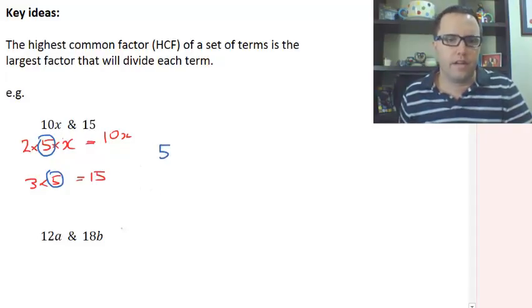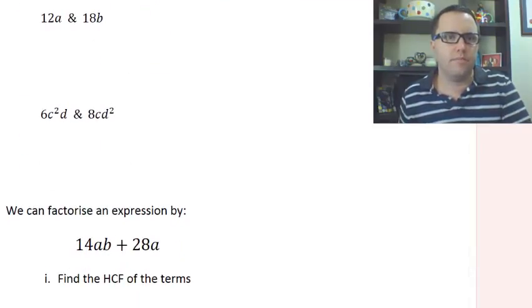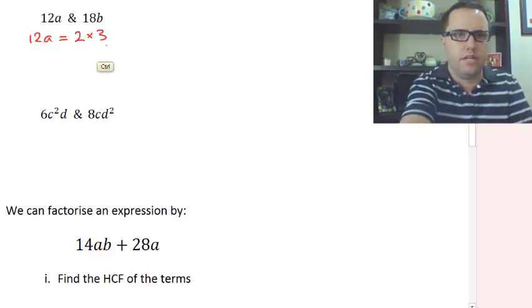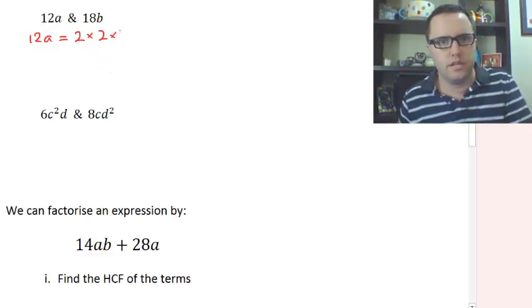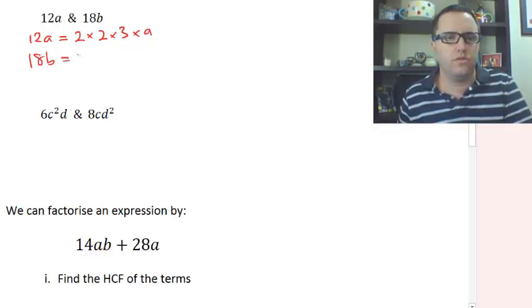Okay, right, let's go down a little bit. This one might be a little bit more advanced. So 12a, let's write the prime decomposition for that. That will be 2 times 2 times 3 times a, and 18b is going to be 2 times 3 times 3 times b.